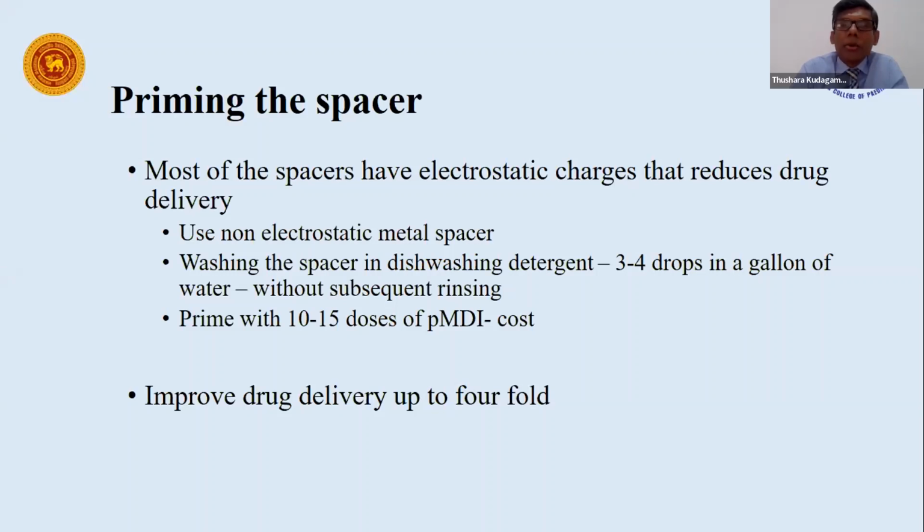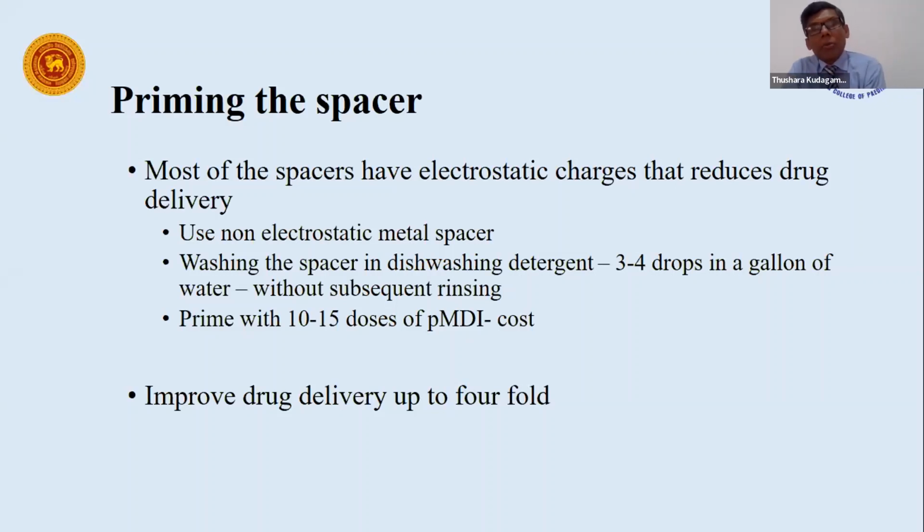To minimize it, you can use non-electrostatic metal spacers, which were available earlier but nowadays are not commonly available, maybe on a limited scale. But the thing that we can do is wash with a dilute dishwashing detergent, and not rinse it off afterwards, then let it dry. So this way you can prime it.